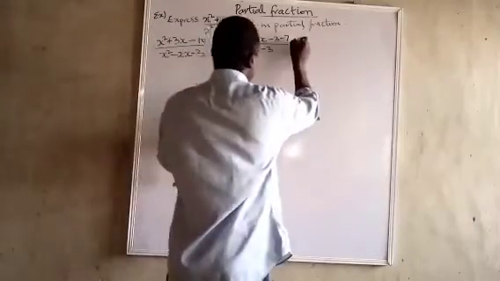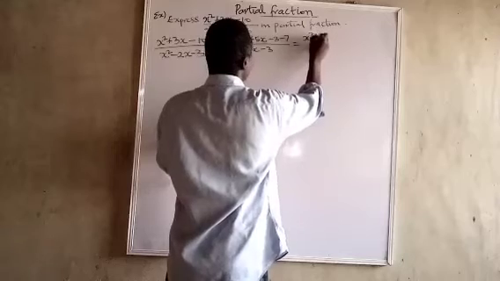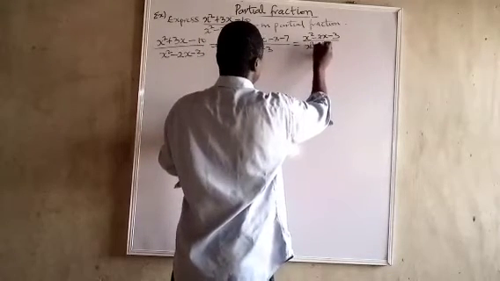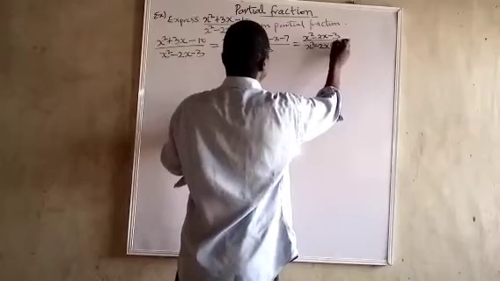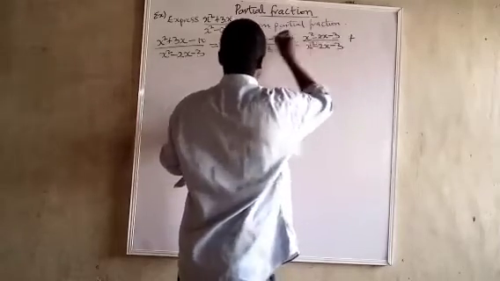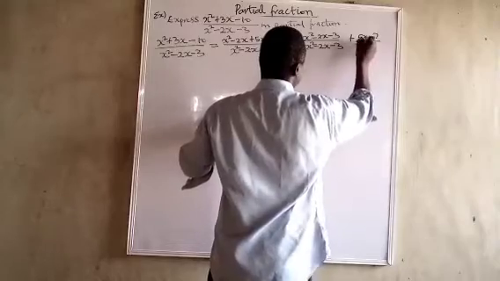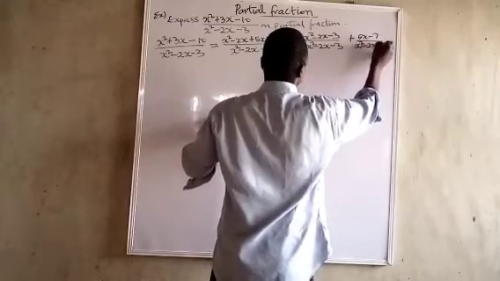Now, this is going to translate to (x squared minus 2x minus 3) over (x squared minus 2x minus 3) plus (5x minus 7) over (x squared minus 2x minus 3).